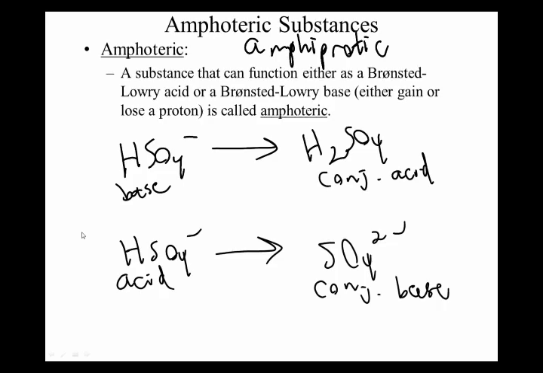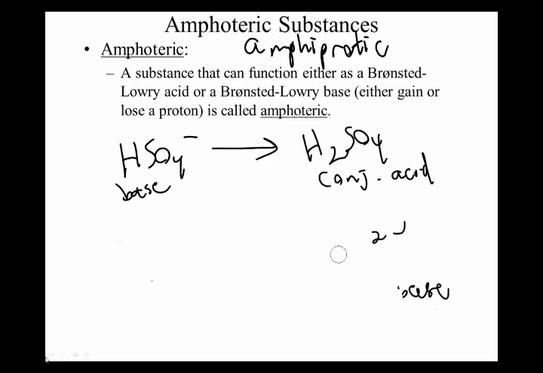Basically, if something that's amphiprotic reacts with something that wants to give up a proton more than it does, then it'll act as a base and take a proton. If it reacts with something that wants a proton more badly than it does, then it'll act as an acid and donate it. So it all depends on what you're reacting an amphiprotic substance with.